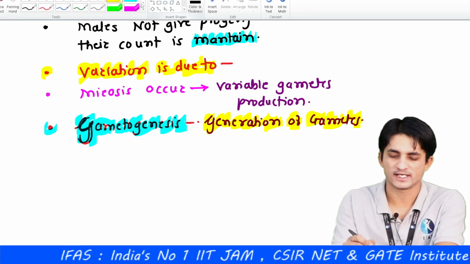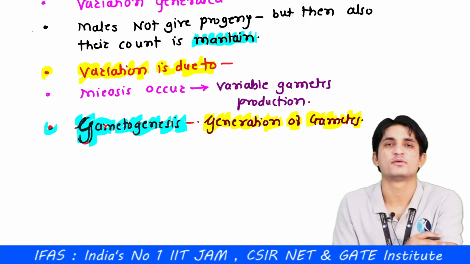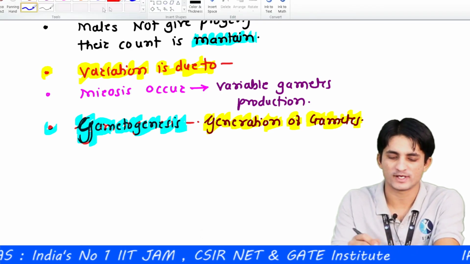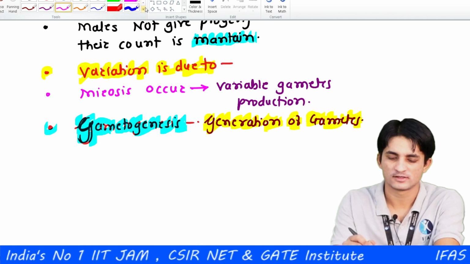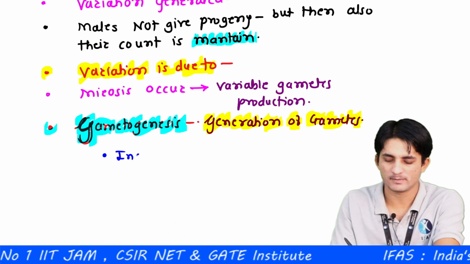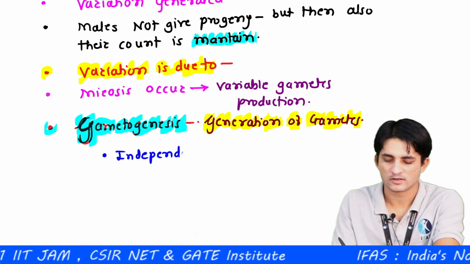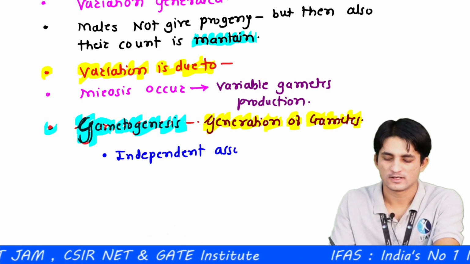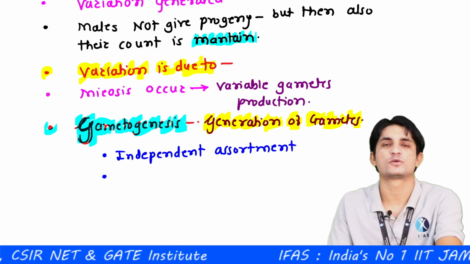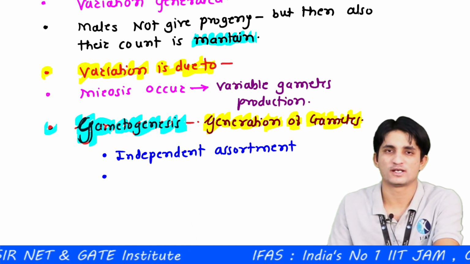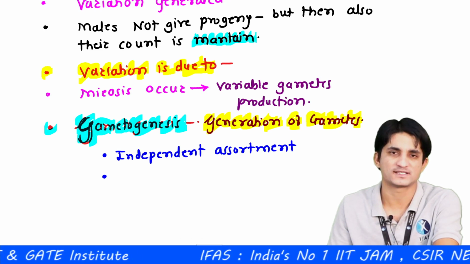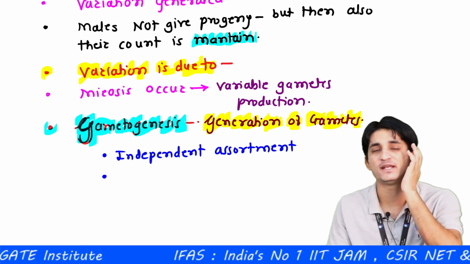Now in gametogenesis, the variation is produced by two major reasons. The first reason is independent assortment, that is the pairing of the homologous chromosomes. How the pairing occurs, and in a gamete which pair is transferred, plays a major role, and that is called independent assortment.